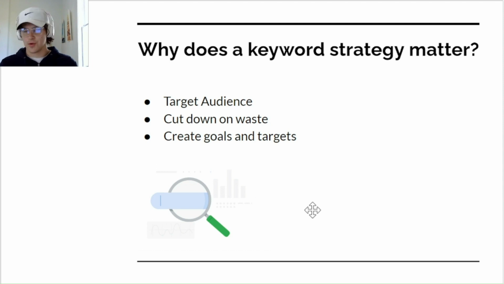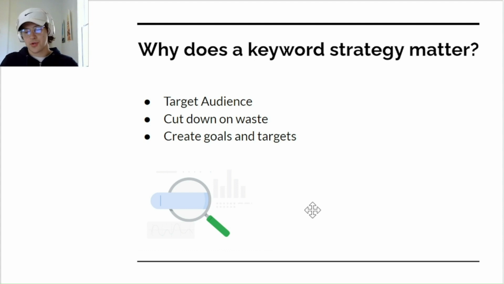So why does a keyword strategy matter? There are really 3 key components, right, that are affected by your keyword strategy. Number 1, you want to be able to have target audiences to give focused messaging and focused products. But also you want to cut down on waste, right? You don't want to just be dropping in 20 keywords you think are going to convert, but might actually use up a lot of your budget without driving results.